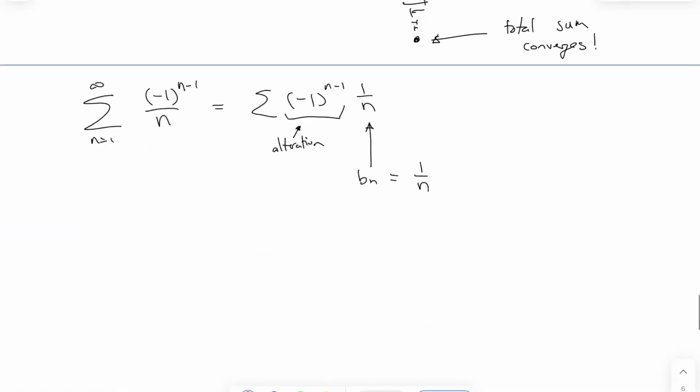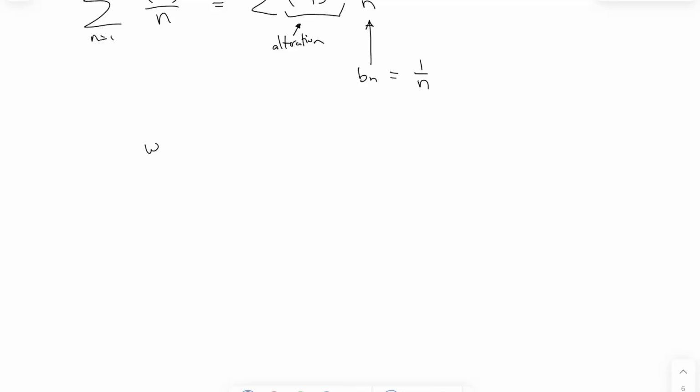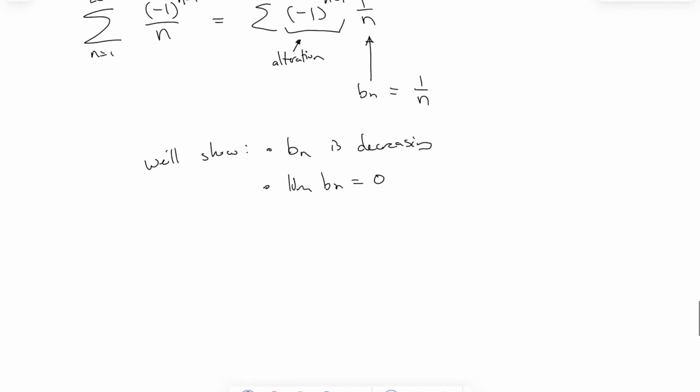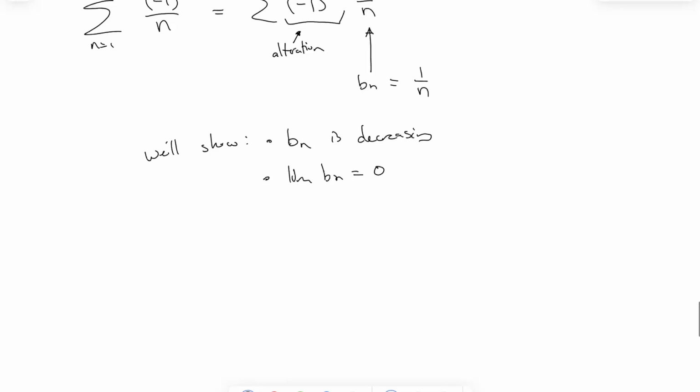So we need to show, first of all, that Bn is decreasing, and second of all, that the limit of Bn equals 0. Those were the two things which I underlined in red up there. This is always what you have to do to use the alternating series test.